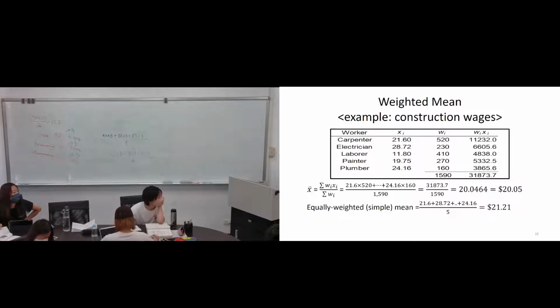When we treat the hours equally, that makes the mean very simple to calculate, only $21.21. But if we treat the number of hours worked as an important factor, we also account for that when we calculate the mean. Then the weighted mean hourly wage is lower than the equally weighted mean.